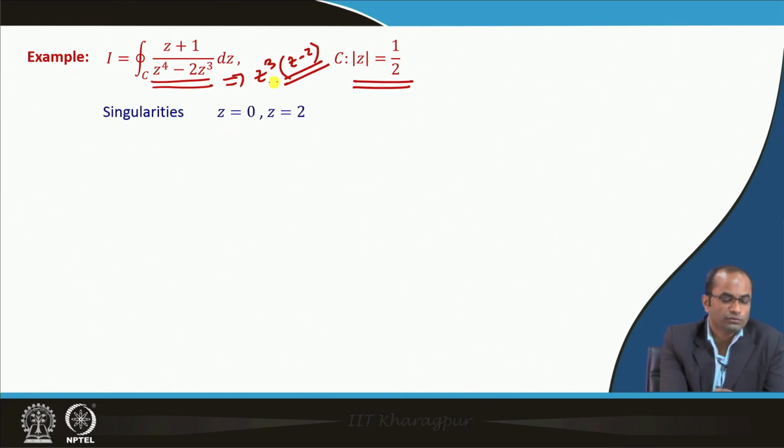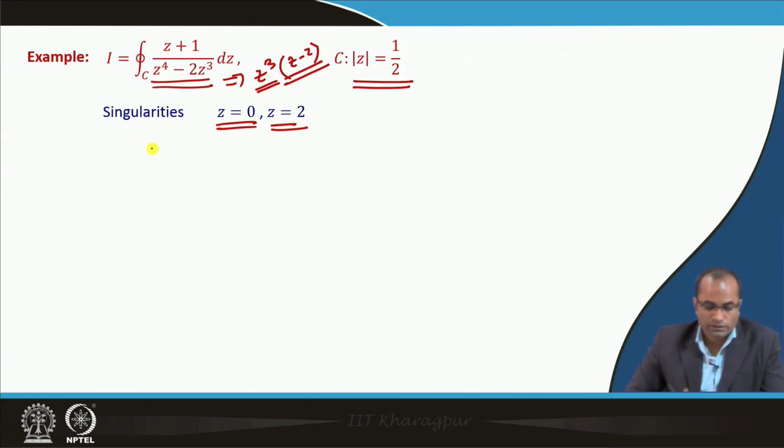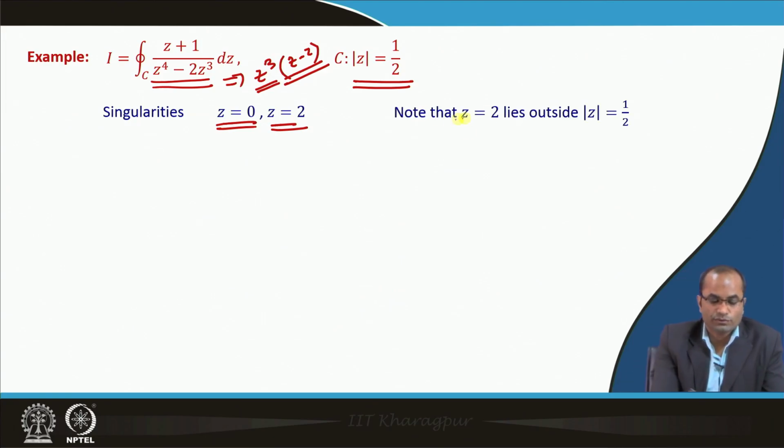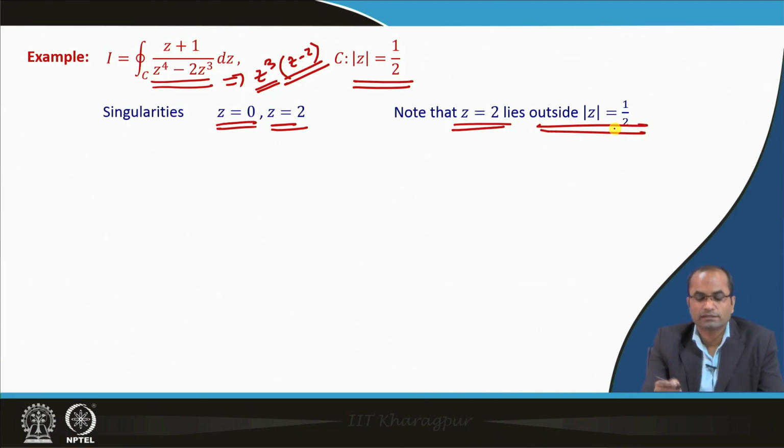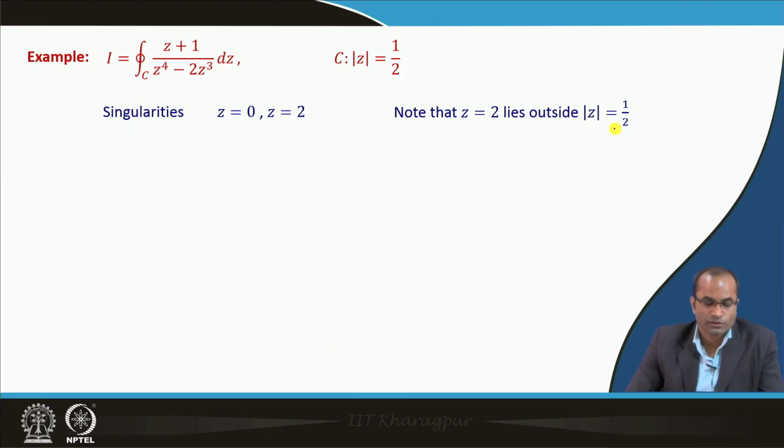So, z equal to 2 is a singularity and z equal to 0 is also a singularity. These are the two singularities, and we should note that z equal to 2 is outside the circle mod z equal to half. So, this is of no concern to us in the residue theorem.